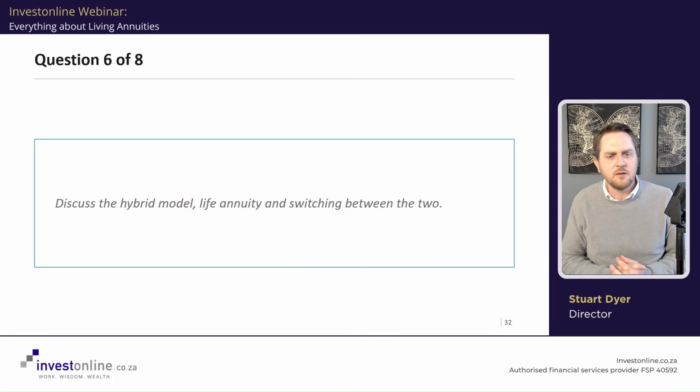The thinking is to have a portion of your money in a life annuity that pays you a guaranteed income that would cover your basic expenses. You could think of that as your debit orders, etc. And then your living annuity would be the investment portion that you would keep to draw an income from that would be more of a variable income.